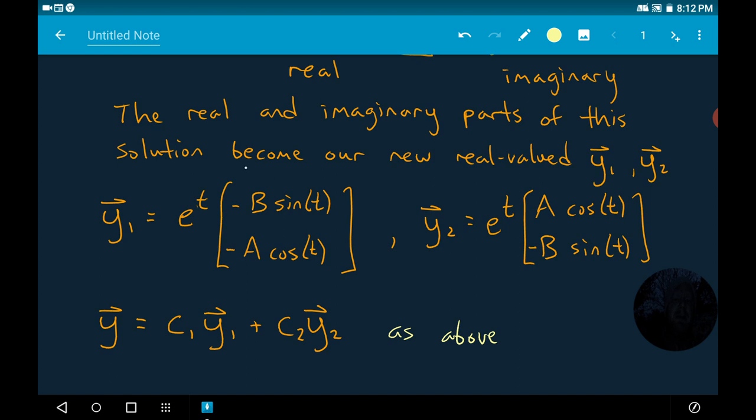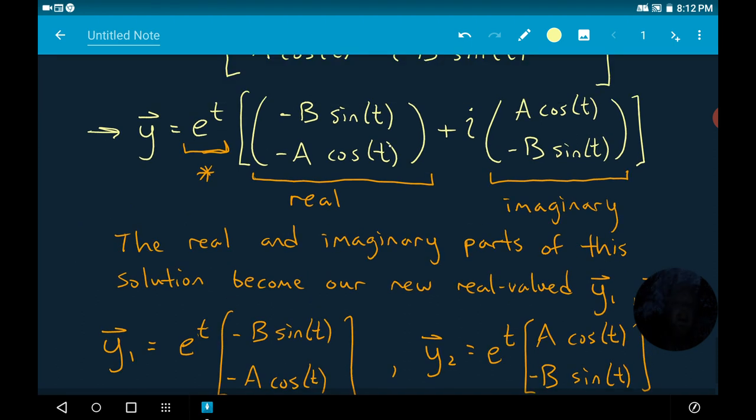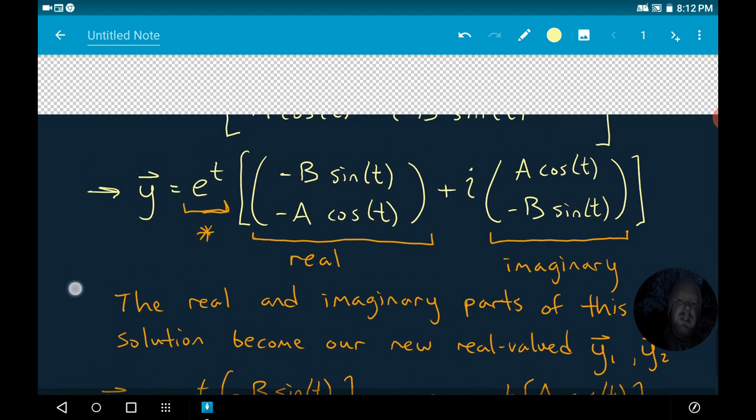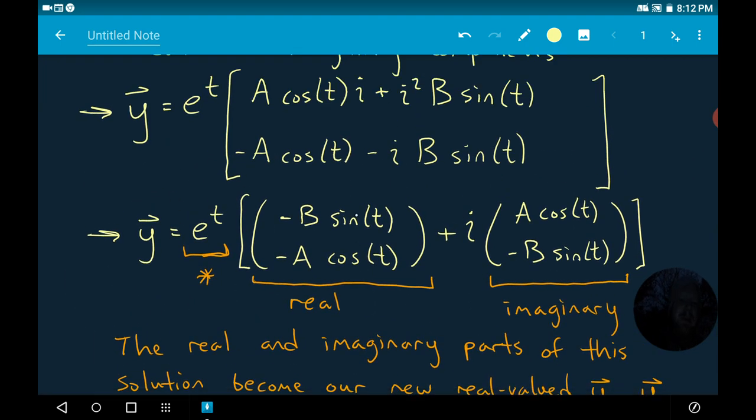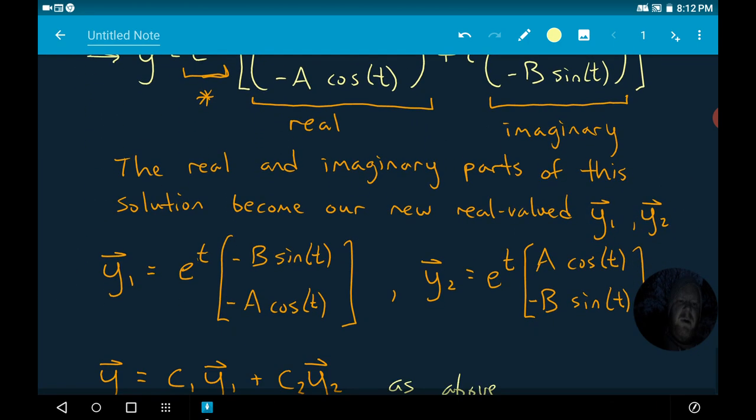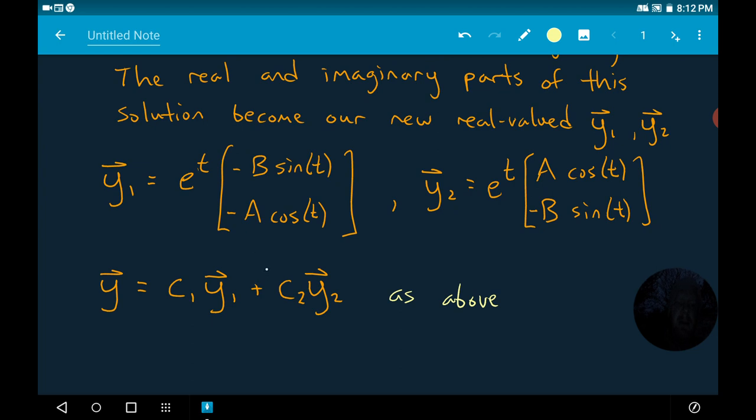So I'm not entirely sure that you need a and b in your original rewriting of this equation here. I think that the most efficient way would just be to get rid of your a and b there and just let them be 1 times this and 1 times this. And I think that will keep you out of trouble when you want to write your general real valued solution. So this is our real valued general solution.